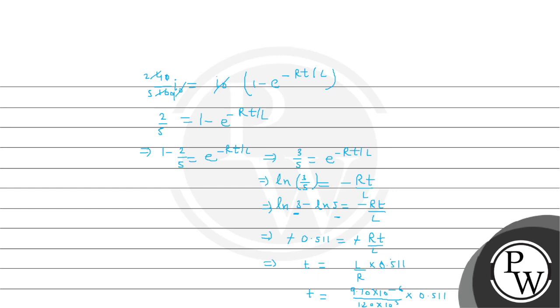On calculating, we get t equal to 4.129 multiplied by 10 to the power minus 9 second, which can be written as 4.13 multiplied by 10 to the power minus 9 second. Now minus 9 is nano, so t is equal to 4.13 nanosecond. This is the t value asked in part A, so this is our answer of part A.